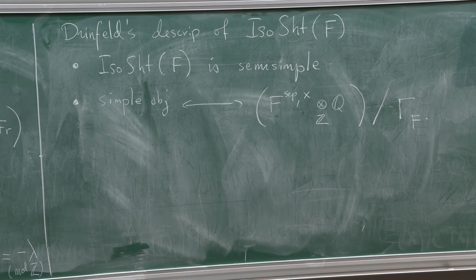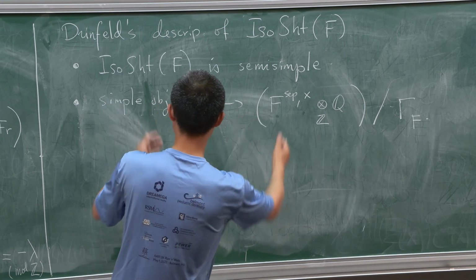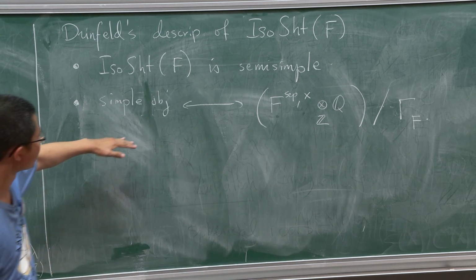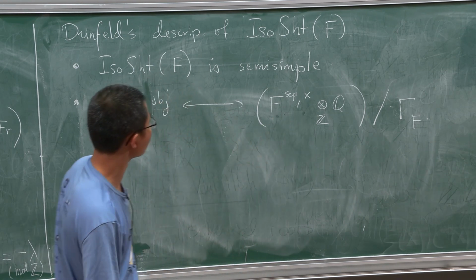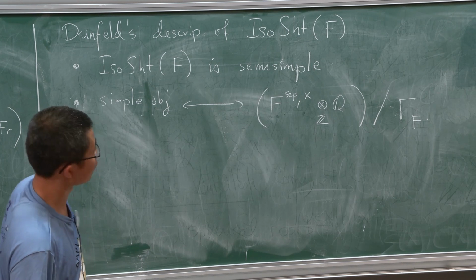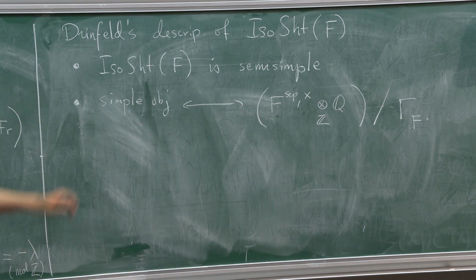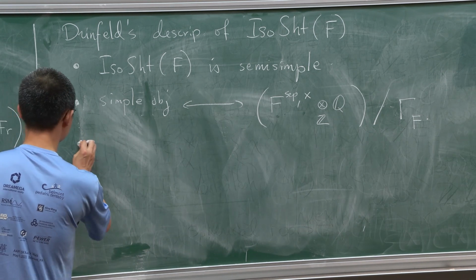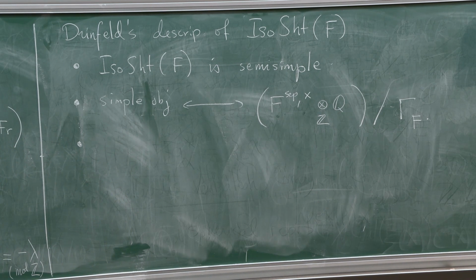At first it looks mysterious. How do you get a number algebraic over F out of an iso-Shtuka? Maybe if people are interested, I can explain during Q&A.